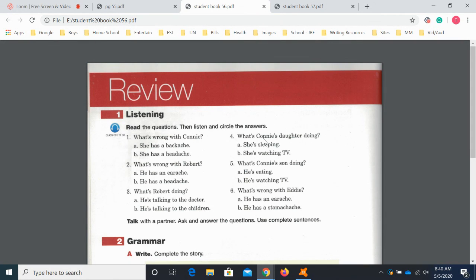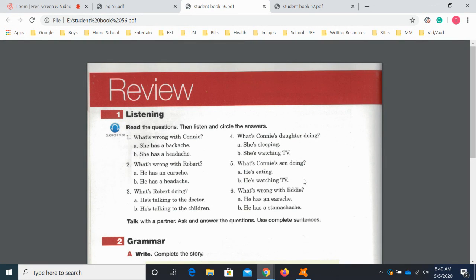Number 4, what's Connie's daughter doing? And the answer is A, she's sleeping. Number 5, what's Connie's son doing? And the answer is A, I'm sorry, the answer is B, he's watching TV.